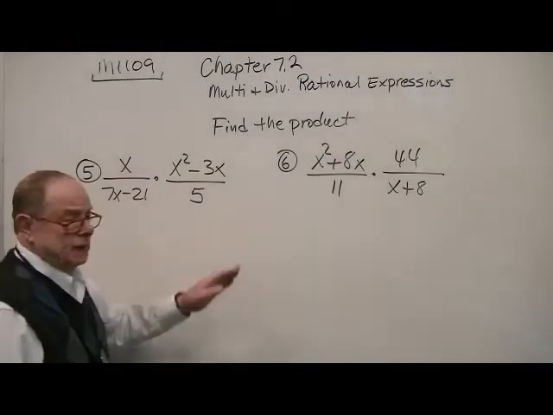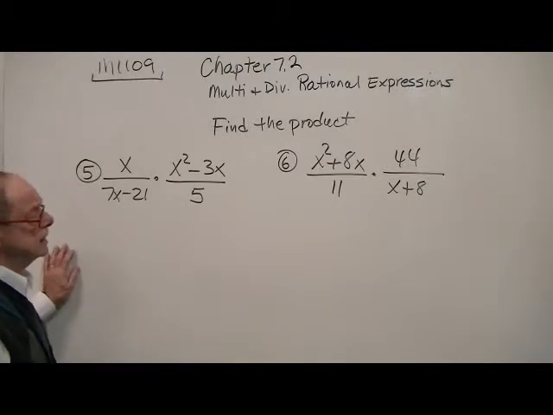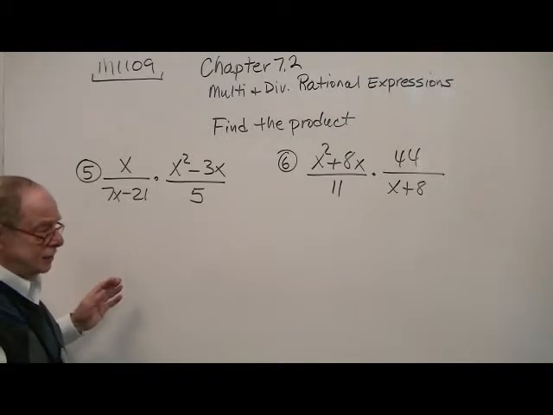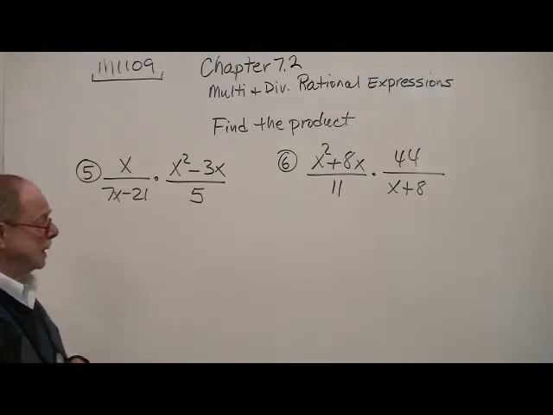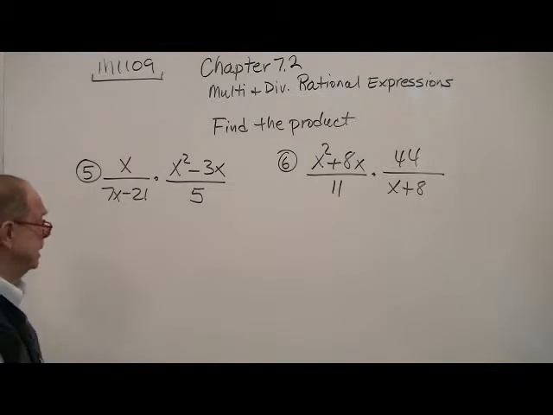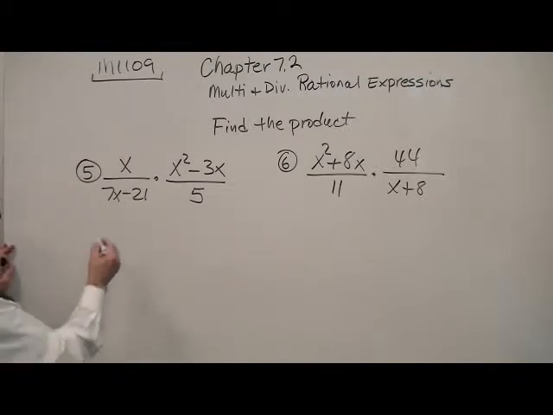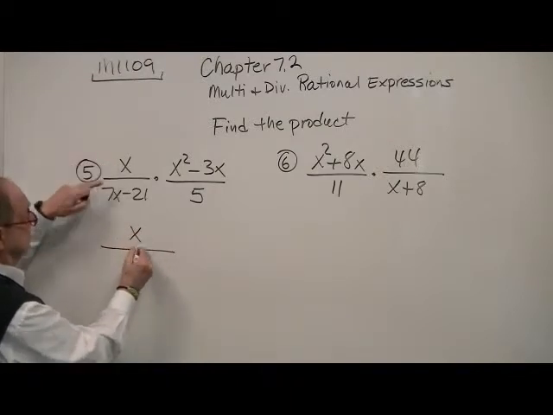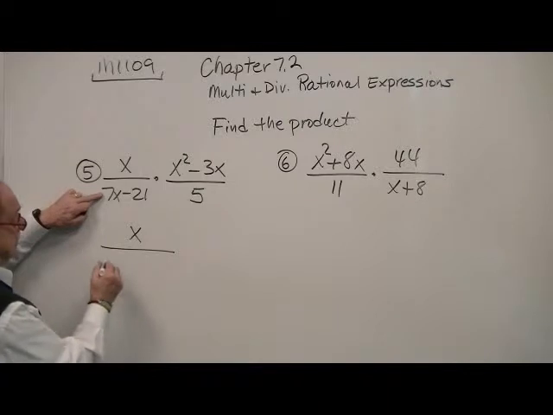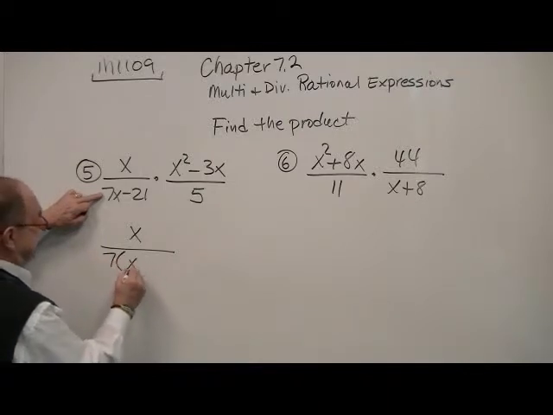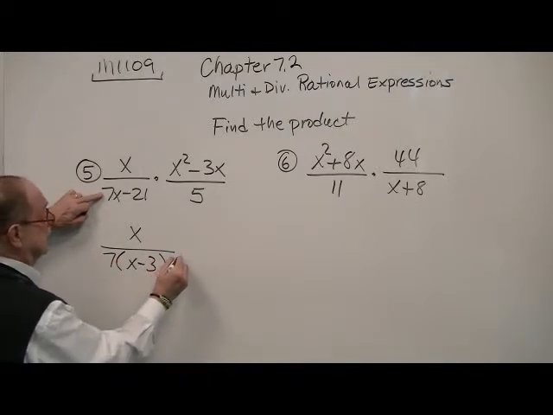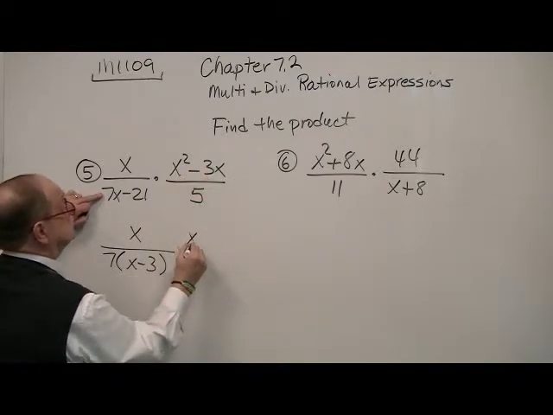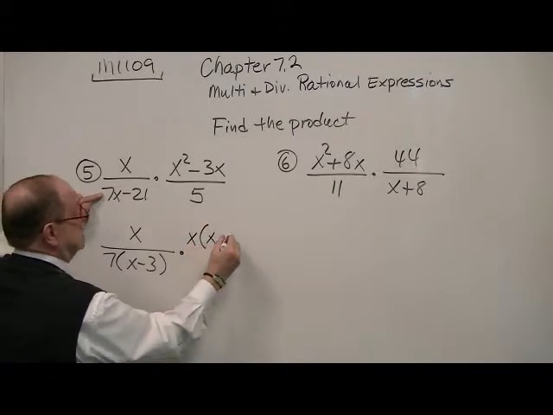Now, as we do these, an important skill is to be neat. Whatever technique you use, there's going to be a couple, but you want to be neat. Okay, so let's see what we have here. This is already factored, but here I could take out a 7, and I get x minus 3. Now here I could take out an x, and I get x minus 3.